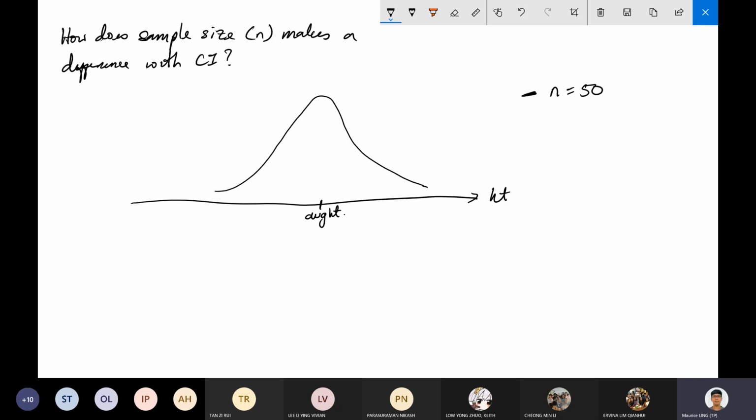So how we use confidence interval is we use a range. So let's say if I want to have a 90% confidence interval, that means the area under the curve should cover 90% of the whole thing.